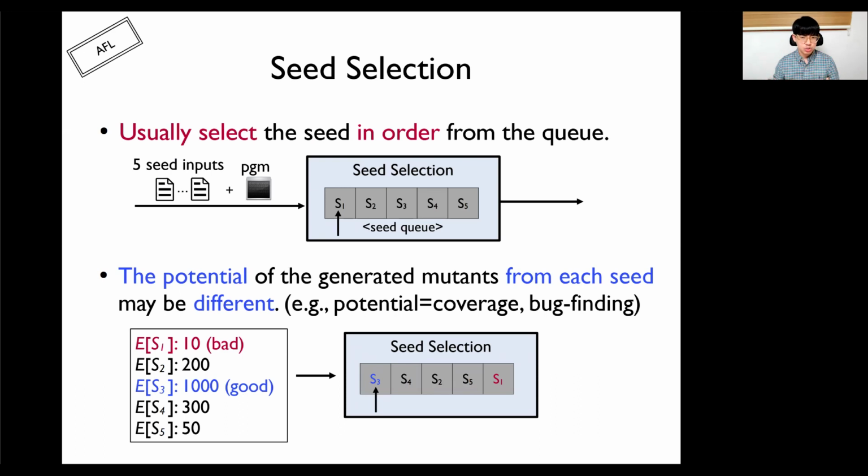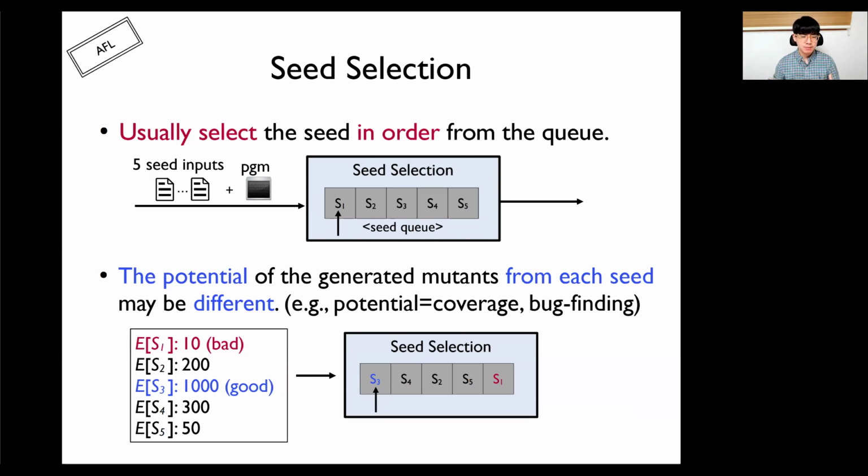For example, let's assume that the number in the lower left corner denotes the expected value of each seed's potential. The expected value of seed S3 is about 10,000, while the expected value of seed S1 is 10. Generally, a good strategy will prioritize seeds with high expected value, thereby maximizing code coverage and the number of found bugs.